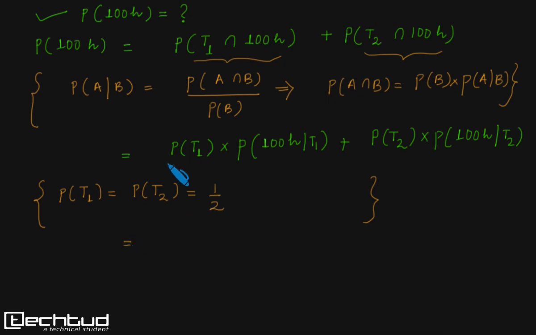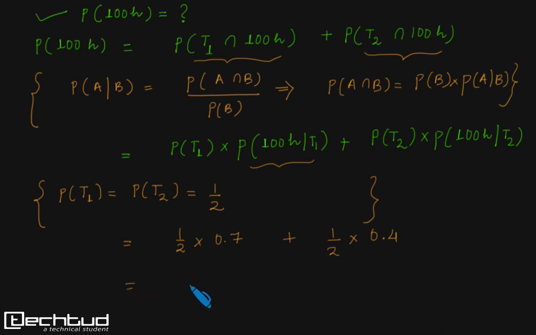Now we have this, we just calculated this part, so this is 1 by 2, and if you remember what was given in the question, this part is already mentioned, which is the probability that a randomly chosen bulb of type 1 will last for more than 100 hours is 0.7. And here also the probability of a randomly chosen bulb to be of type 2 is half, and the probability that a randomly chosen bulb of type 2 lasts for more than 100 hours is 0.4, as given in the question.